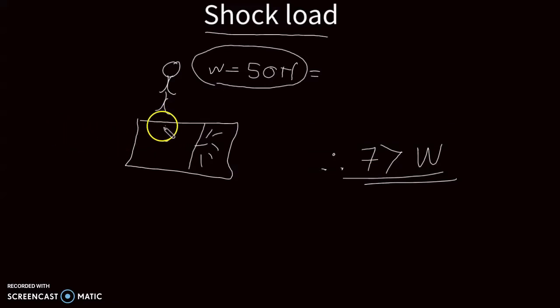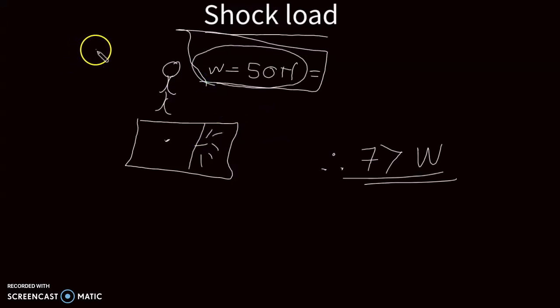So instead of jumping up and down, if you make one jump and come back to the scale, you will notice that the scale will oscillate, meaning it will record a force that is higher than your actual weight as you land on the scale, but it will then come back to record the actual weight, which is 50 Newton.